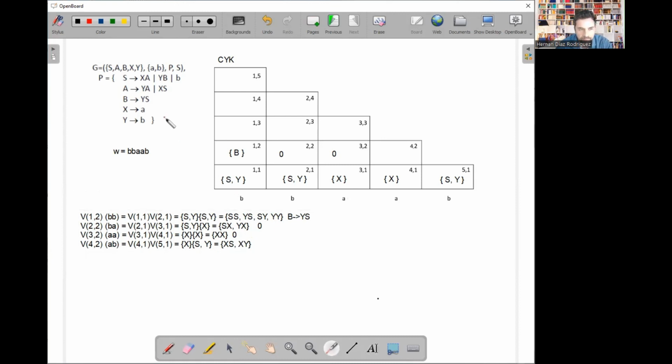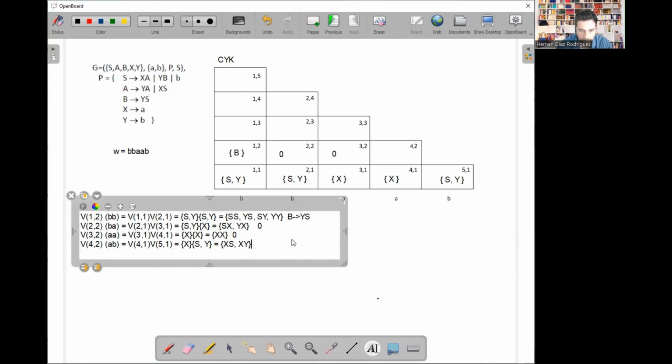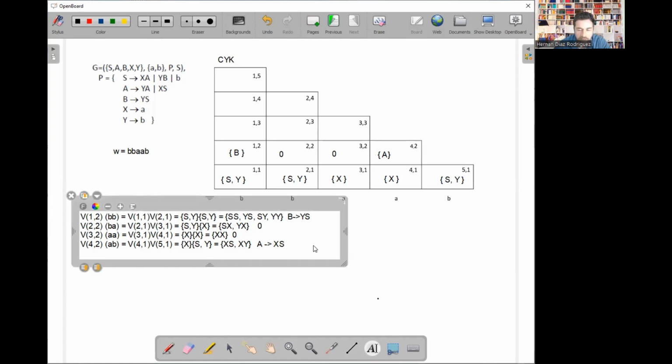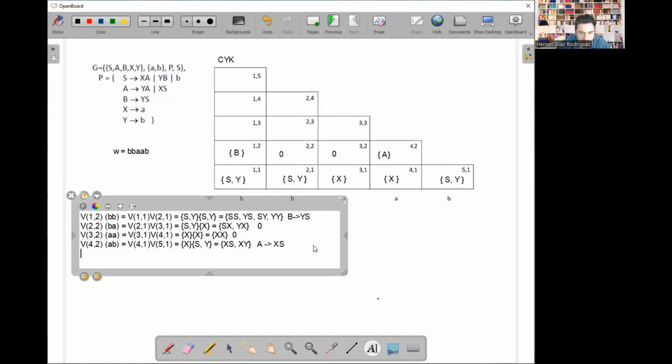Again, we go into the grammar, and we have this one, right, which is generated by the variable A. So in this case, A generates XS. So on this position, we have A. Well, this way we have filled the second row, and we go to the next one, right?